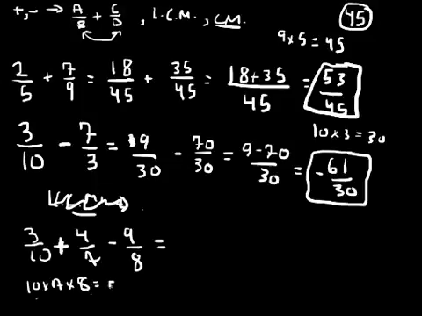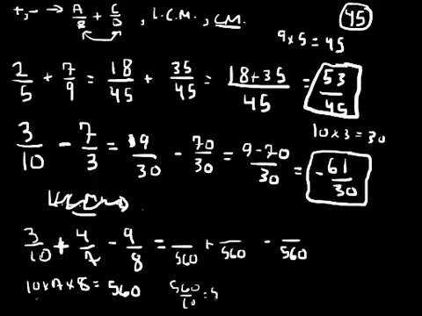It's 560. So what did you do to 10 to get to 560? You do 560 divided by 10. You multiply this by 56. If you do it in your calculator, 560 divided by 10, you get 56. So now you multiply the top, which is 3, by 56. 3 times 56 is 168.